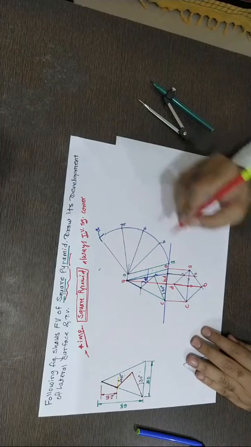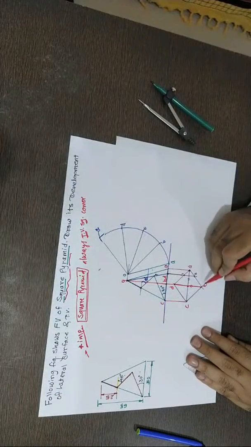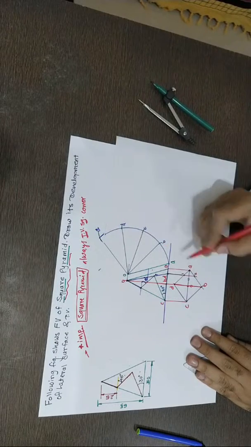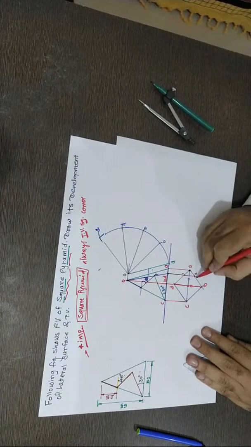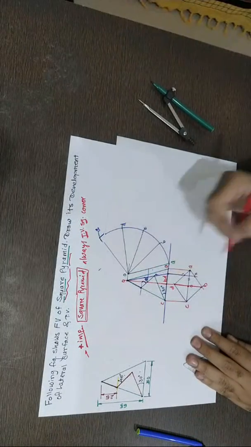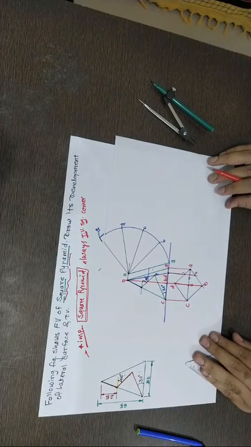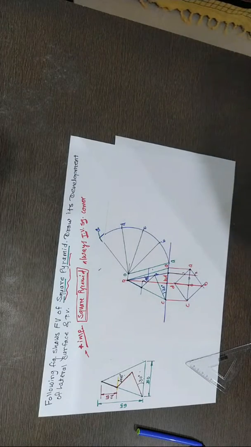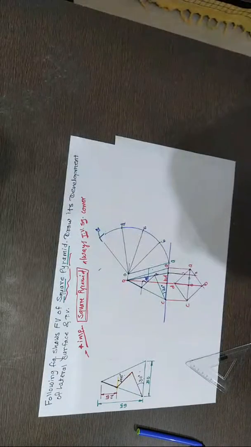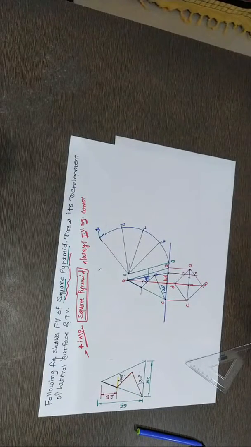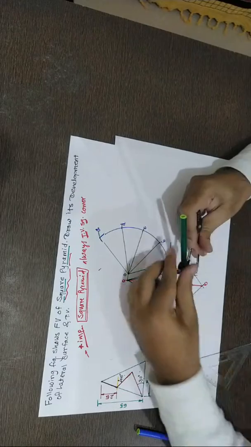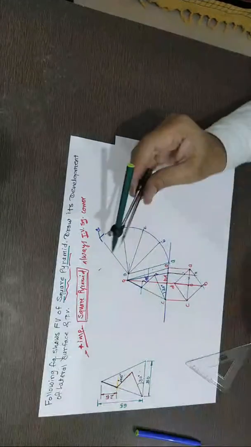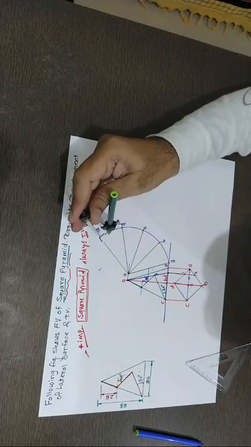Clear? Next, where is 2? 2 is again the same, between A and B. So A and B, take A2 or B2 and join those edges. So I'll show here with the actual distances. I'll take this distance 1A. 1A I can mark from this.